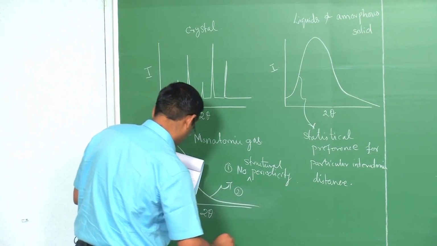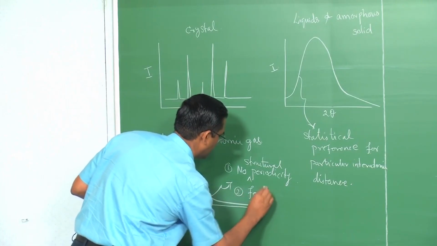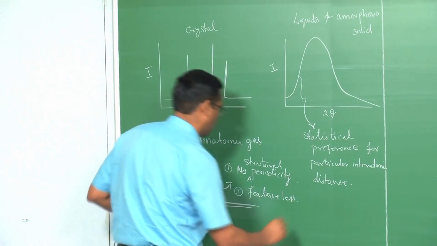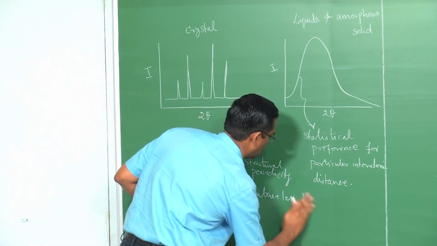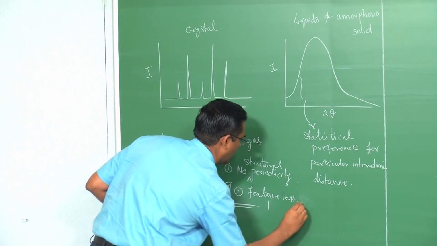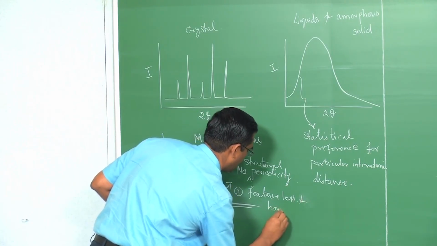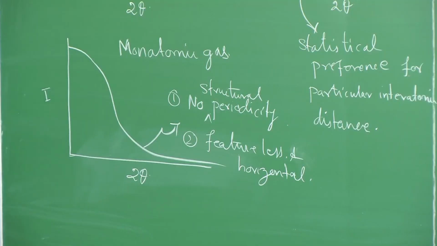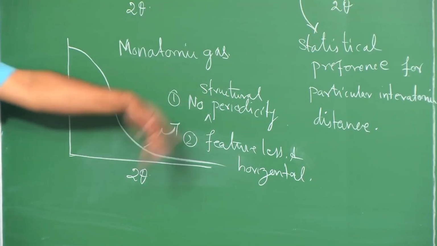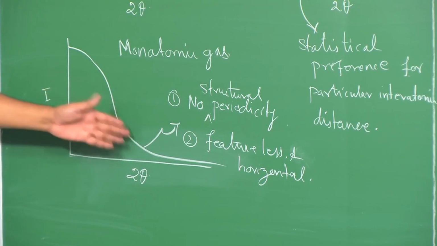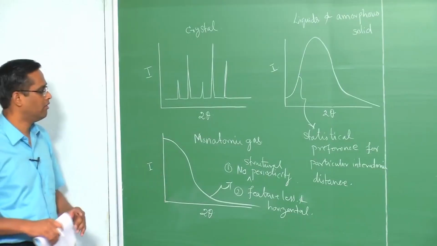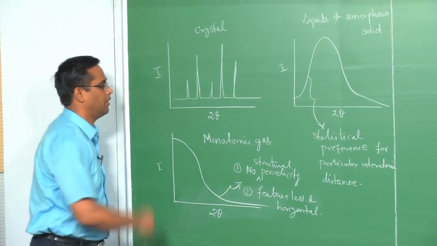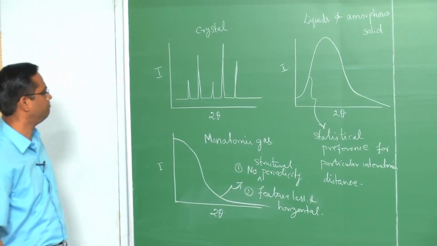Point number 2 is that it is a featureless, horizontal curve. Since it does not have any structural periodicity, you will obtain a featureless curve like this for a monatomic gas.